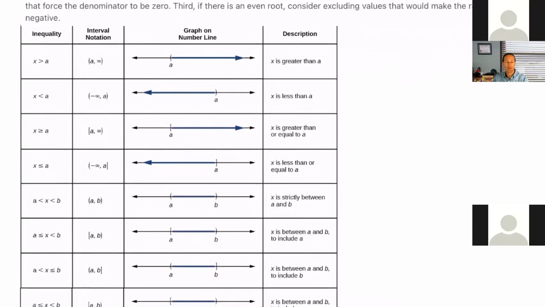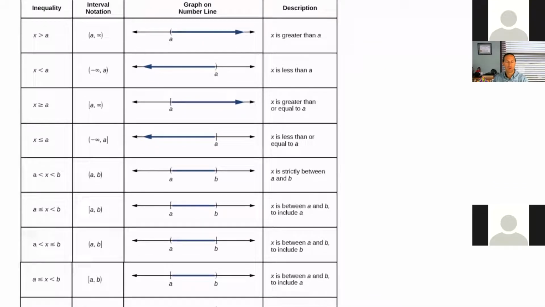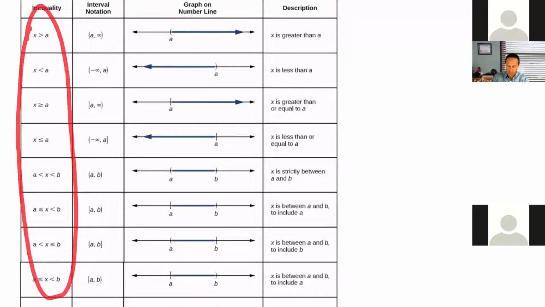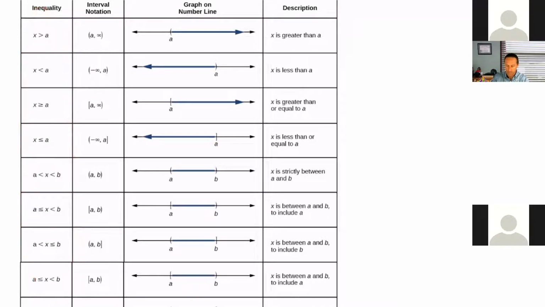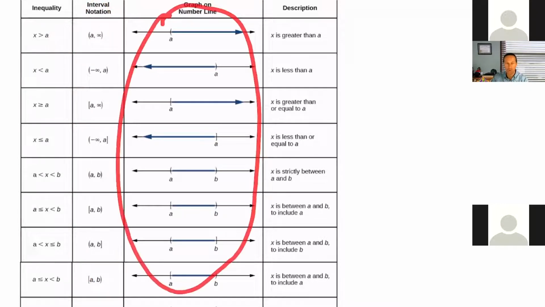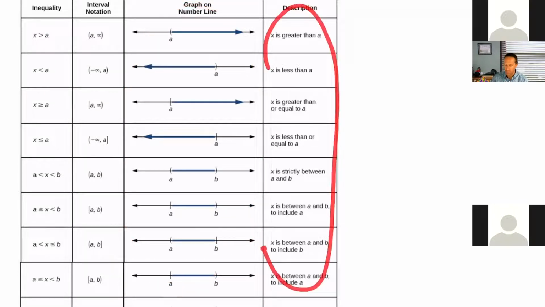Okay, so here are the different types of ways that we could write this. The inequality written here on the left column, and then what the corresponding interval notation would be for that, along with the visual geometrically, the graph of it. Okay, and then even the words.